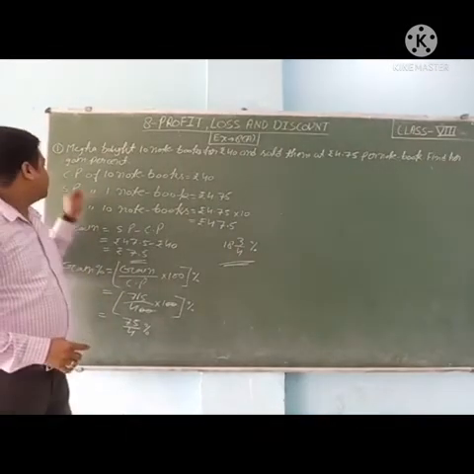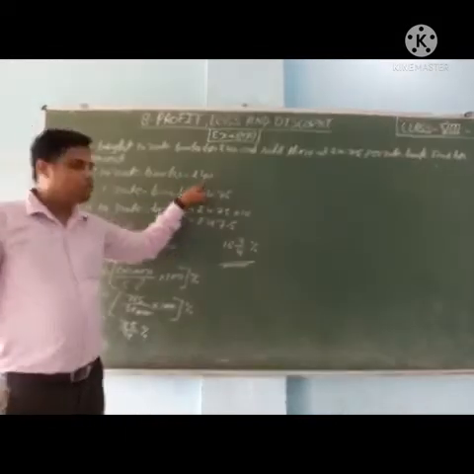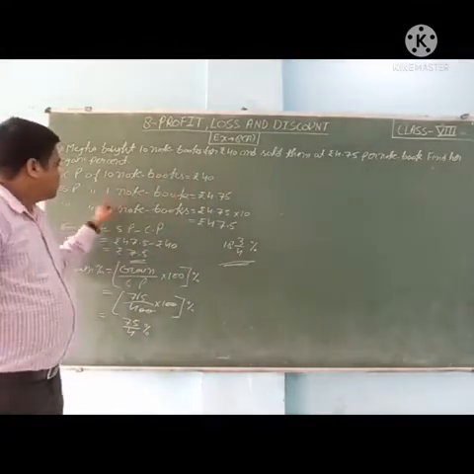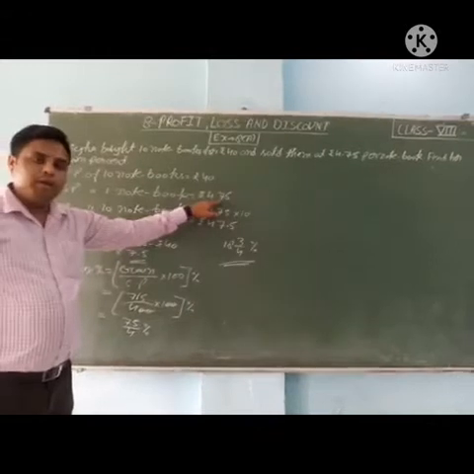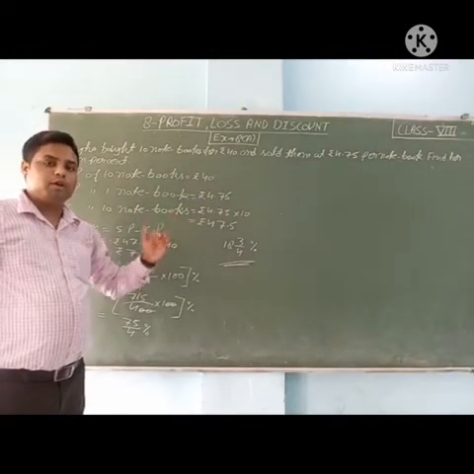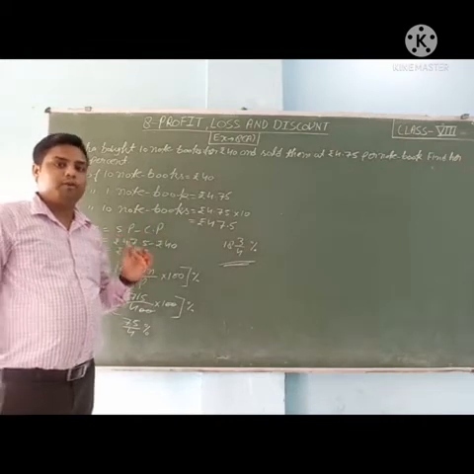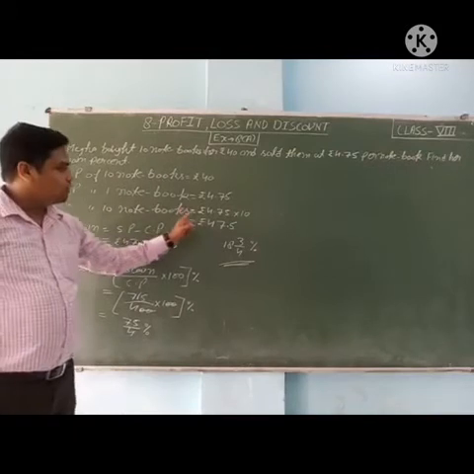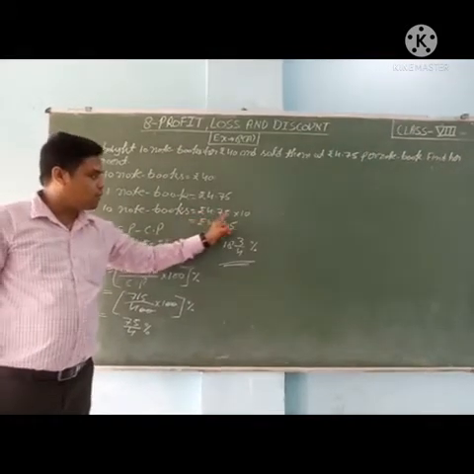Listen again. CP of 10 notebooks is equal to rupees 40. Then the selling price of one notebook is given, equal to rupees 4.75. To find the gain or loss, we must have the SP and CP of the same number of articles. So SP of 10 notebooks is equal to rupees 4.75 multiplied by 10.